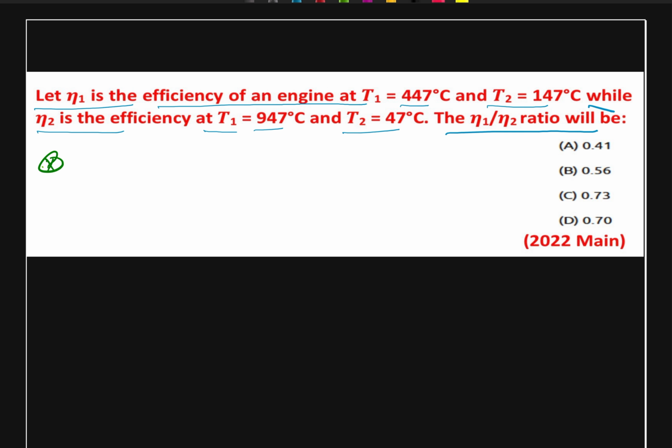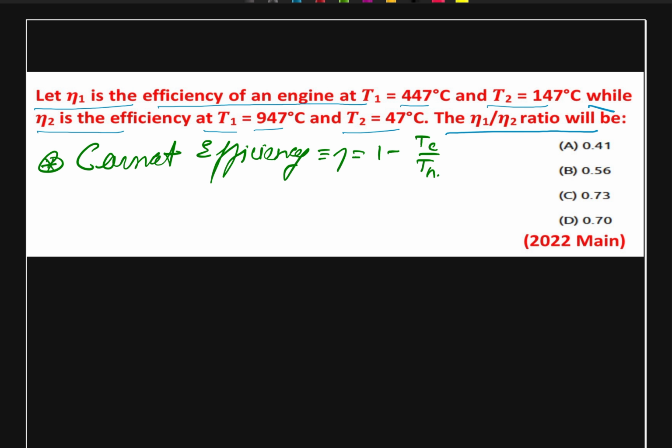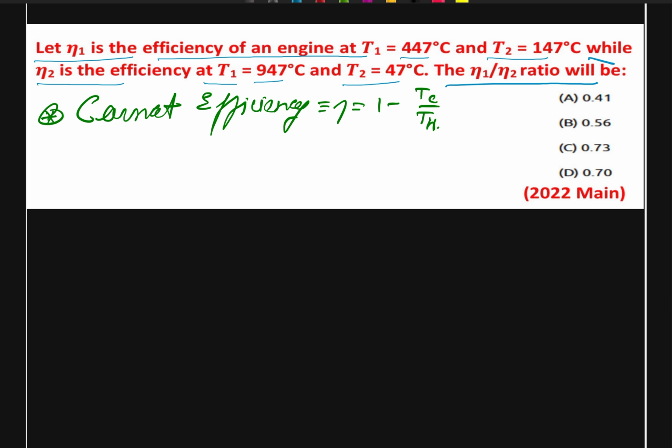We know that Carnot efficiency, that is nu, is equal to 1 minus cold temperature over hot temperature. So we can write this formula in two parts.